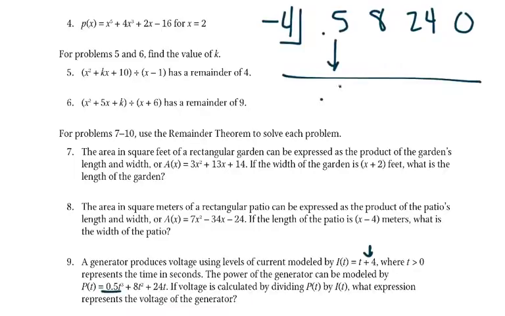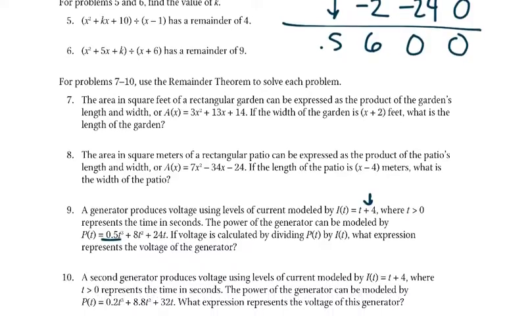So bring it down, 0.5. Negative 4 times 0.5 is negative 2. Add that, that would be 6. Then negative 24. Add that, that would be 0. And then that would be 0 as well. So basically we just end up with 0.5t squared plus 6t, which is alright to have.